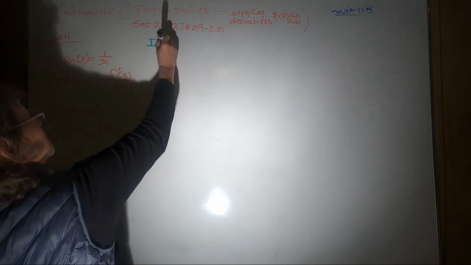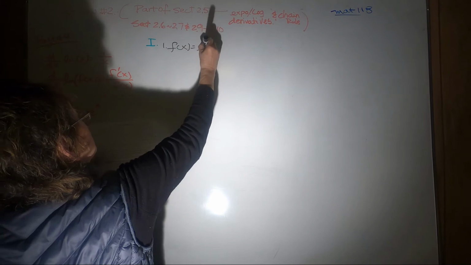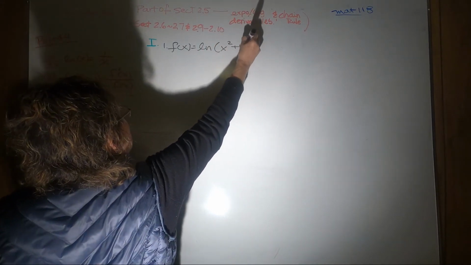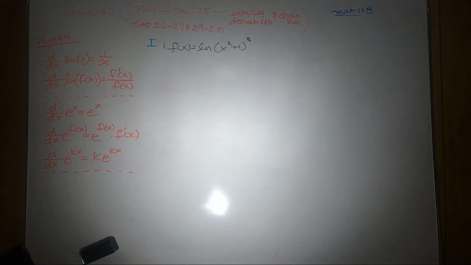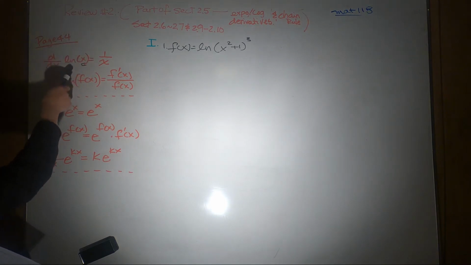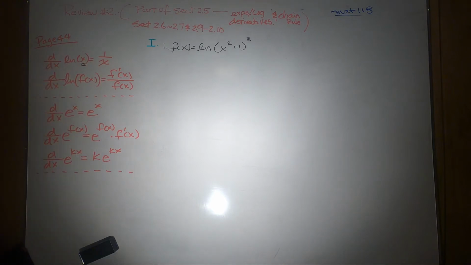So if f of x equals natural log of (x squared plus 1) to the cube. For the natural log, its derivative, if the thing inside the log is just x, is 1 over x, right?